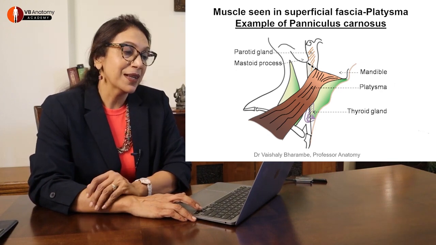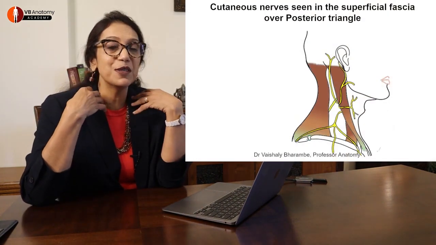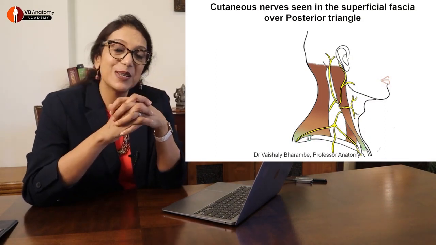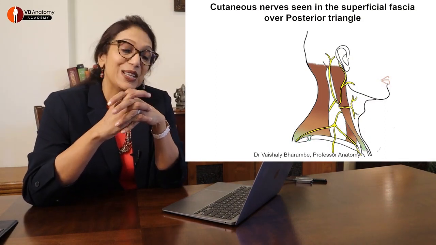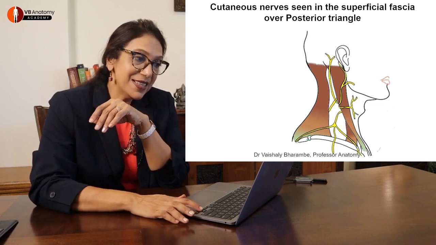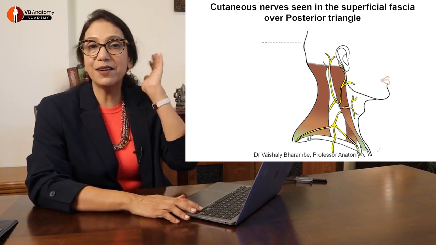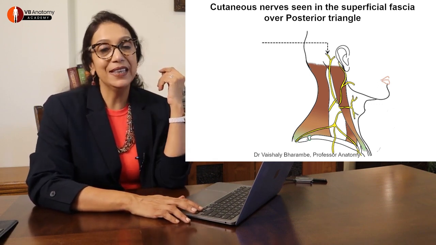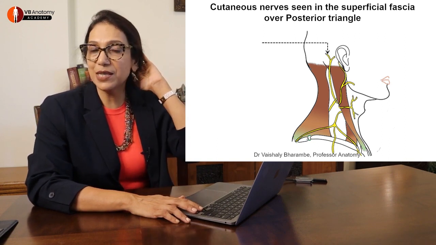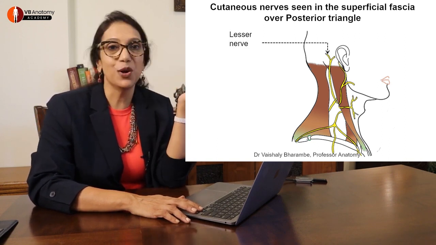Very nice. Now we go to a lot of cutaneous nerves. All those nerves responsible for the beautiful sensations around your neck, isn't it? So, the first nerve goes towards your occipital region. Please use your hands with me. The nerve that goes towards your occipital region, called the lesser occipital.